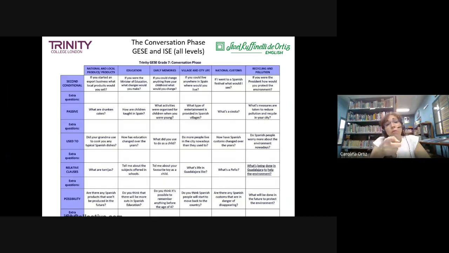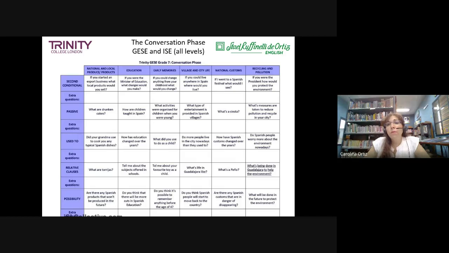Take a look at the topics for education, for early memories, village and city life, and cost and pollution. I'm going to give you 1 minute of silence so that you can see the task. So take a look at the areas of recycling, which is going to be this last row.